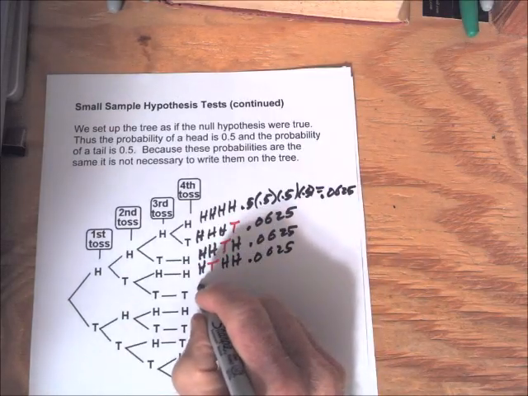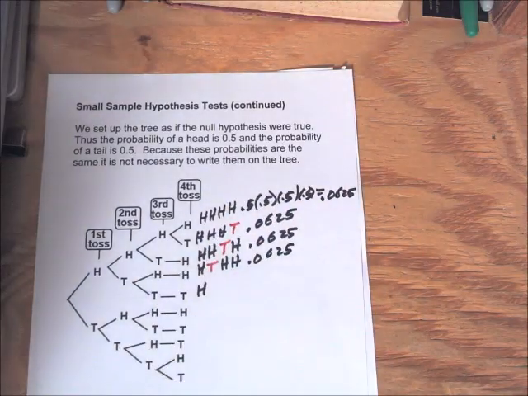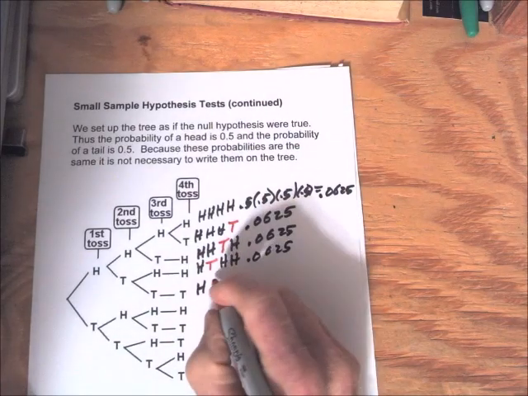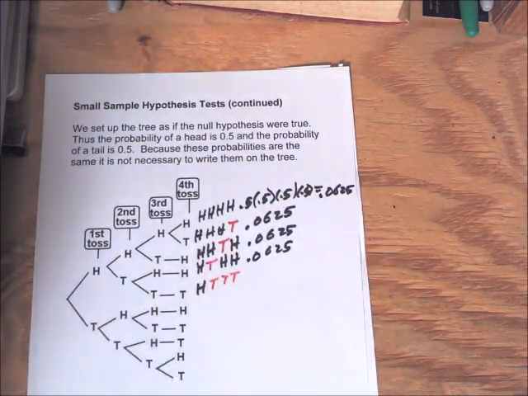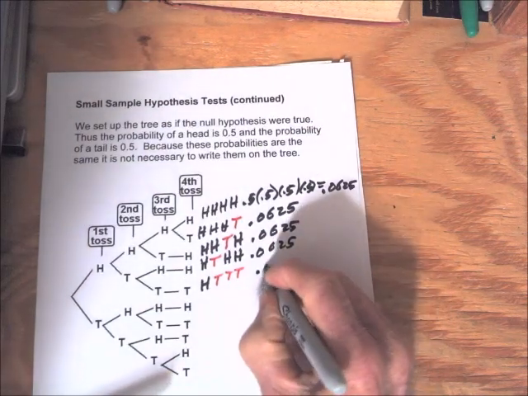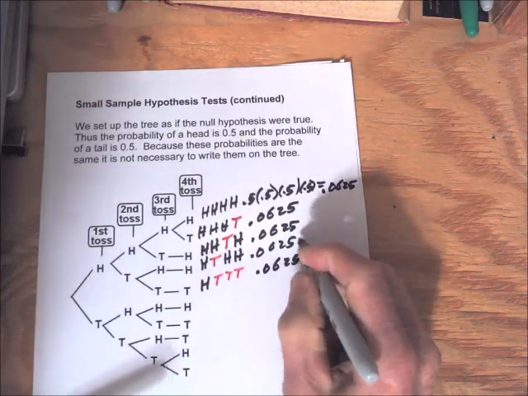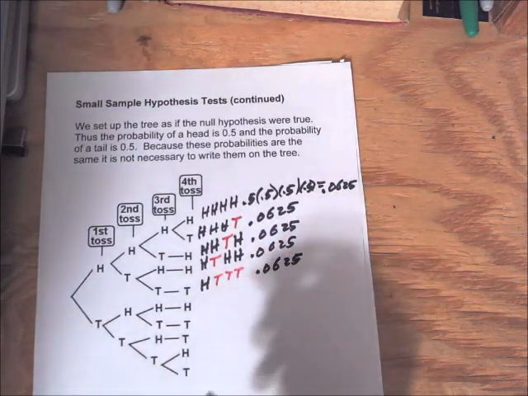A head followed by 3 tails. 0.0625. Tail followed by 3 heads.